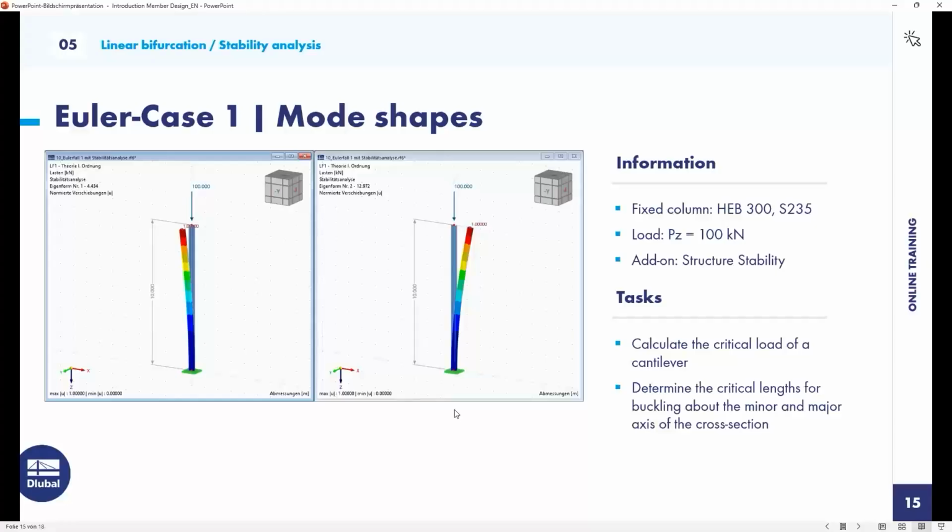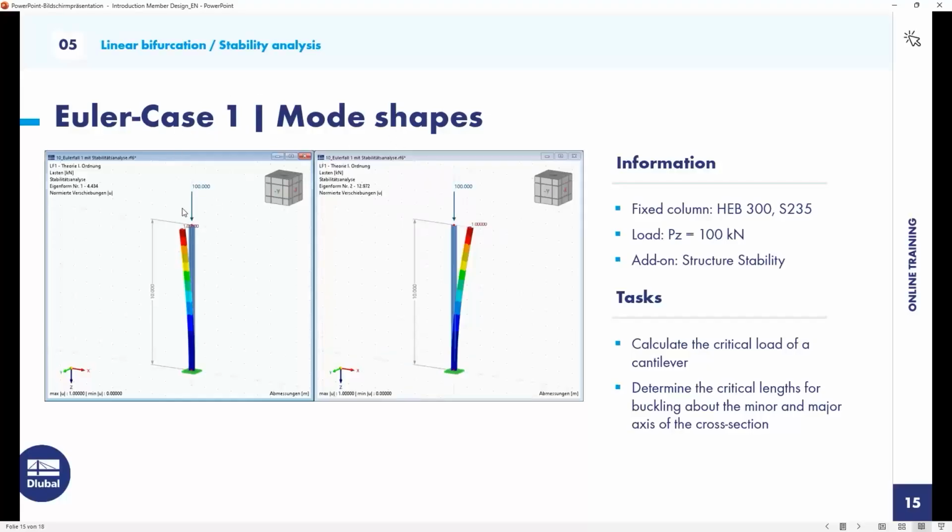We also want to determine the critical length for buckling about the minor and major axis of the cross section. Maybe some of you already know this special case, which is called the Euler case 1.